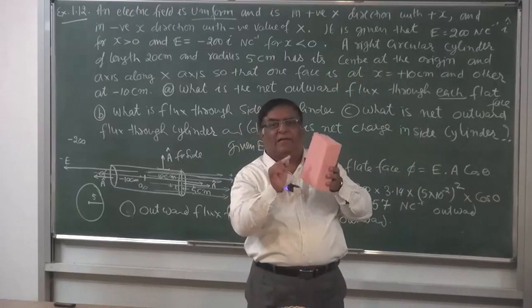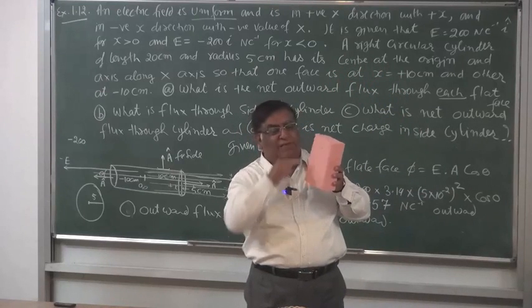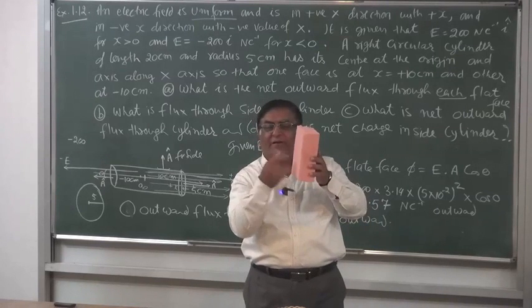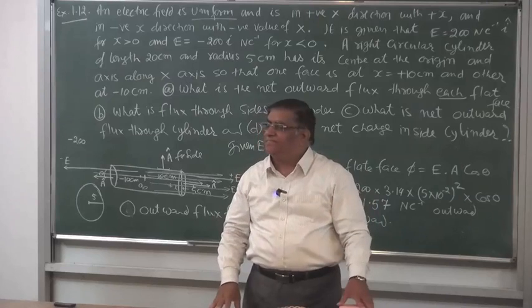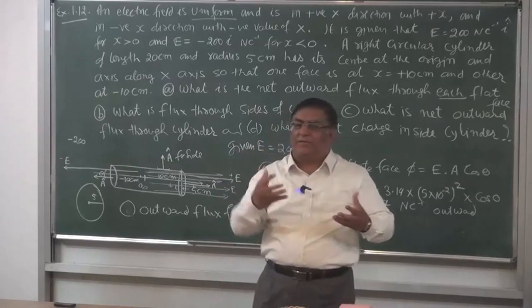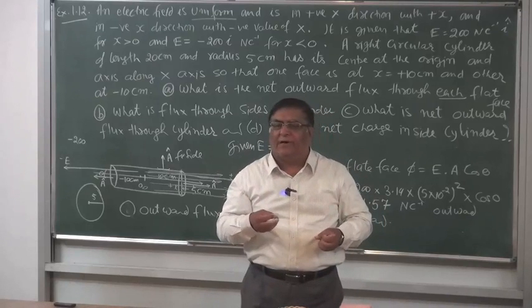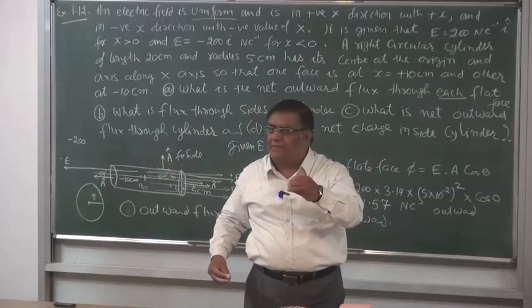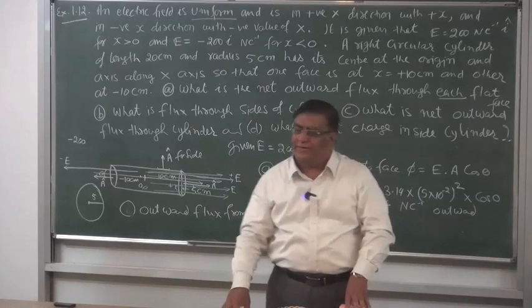Then what will be the electric field here? Some charges are here, some are here. What will be the electric field at this distance? Similarly, if there is a sphere and the charges are on the surface, what will be the electric field on the surface, outside the surface, inside the surface, and at any other point?